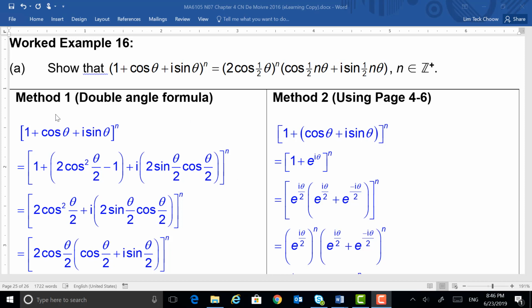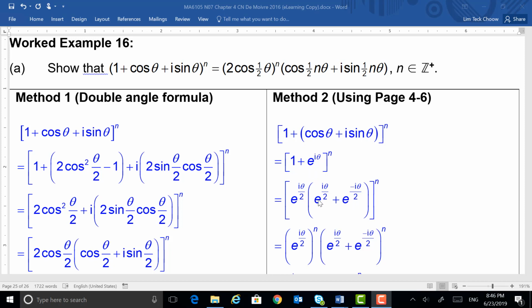So for this method 1, we are purely using known Trigo identities. Whereas over here, we are going to capitalize on the fact that this expression, according to Euler's formula, is expressible as e to the i theta. And to tidy up this expression, we are going to make use of a technique that we learned in the earlier example. This expression can be rewritten like this.